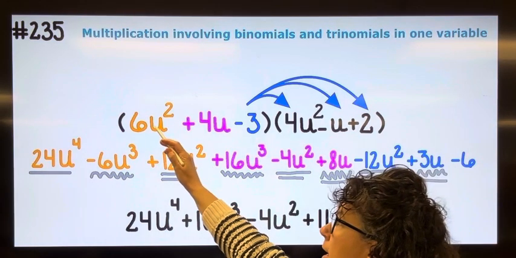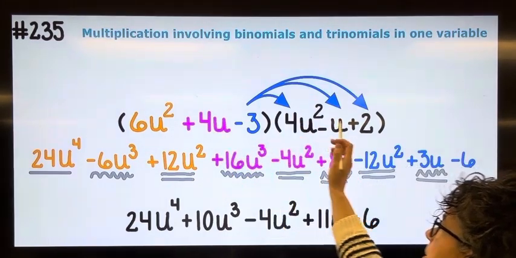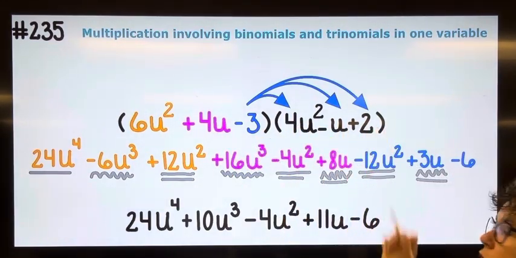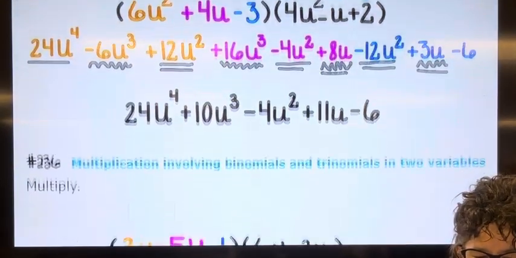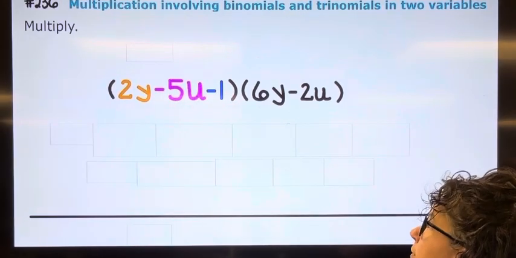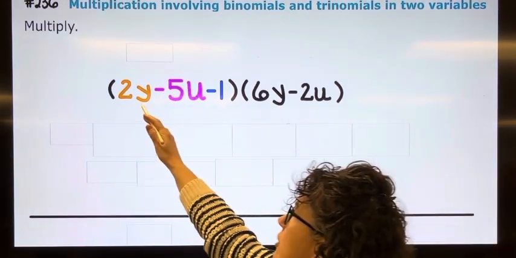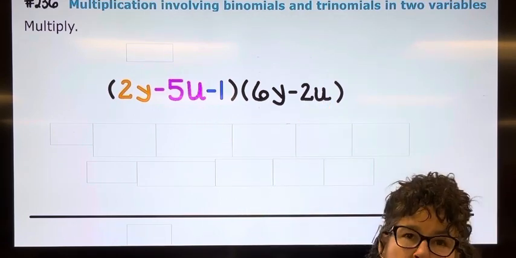So you're multiplying this first one times each of these, the pink one times each of these, and the blue one times each of these, and then combining like terms. The only difference, these ones I'm going to go through a little bit quicker. The only difference here is we have a trinomial times a binomial, so 3 terms times 2 terms.